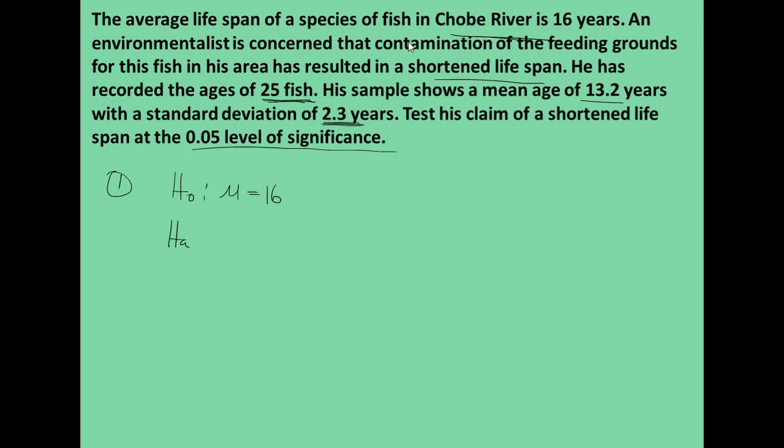That's what this says. The average is 16 years. And the alternative is that it has been shortened. So that means that the alternative says it's less than 16. That's it. The second thing now to do is to determine the level of significance, which is the alpha level, 0.05. That's the level of significance.